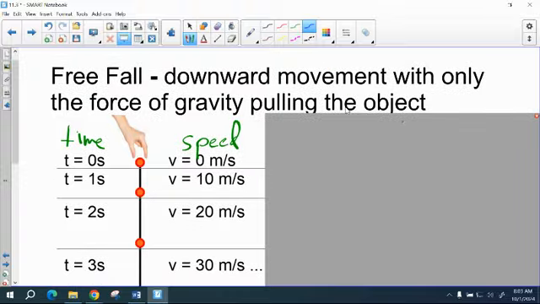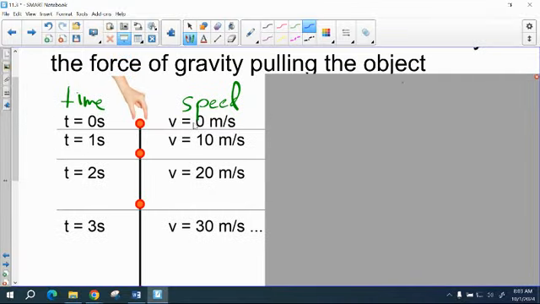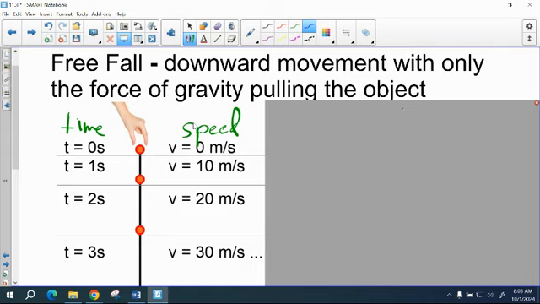So now let's look at this. Free fall, you should be writing this down. Free fall: downward movement with only the force of gravity pulling the object down. So if I have an object in my hands and I let go of it, I'll leave it up there.